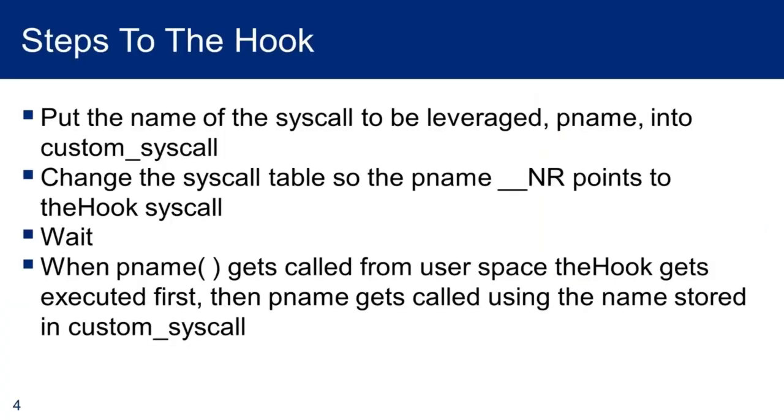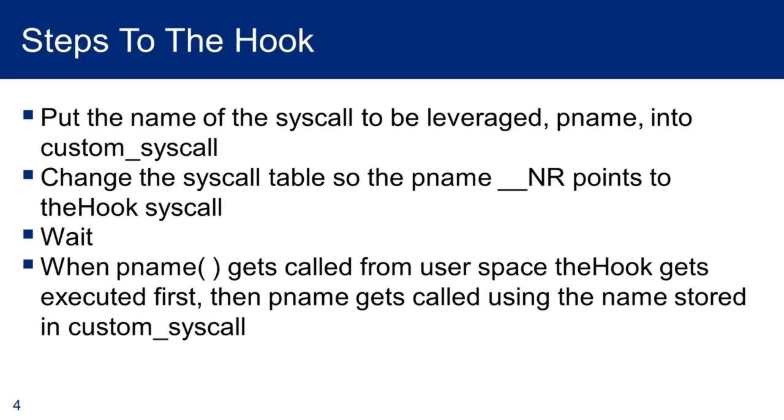How do we create an LKM that can intercept a system call? The first step is to save pname in the LKM so that when the hook is finished, we can call pname and return the expected response to the user. We used a variable custom_syscall to save the name of the system call we created. Then we changed the syscall table to point to the hook inside our LKM instead of the system call.